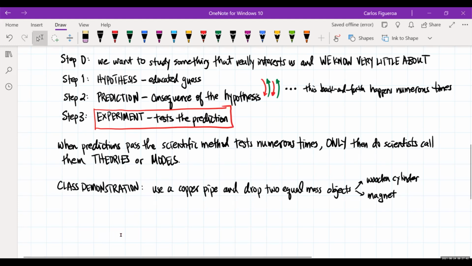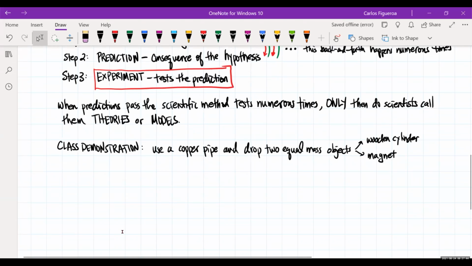And so here's what you would find here. I would have my copper rod or my copper pipe. And what I would do here is come in and put my wood. Now, a piece of wood is lighter than a magnet. So what I typically do here is put a piece of iron in there. Okay.